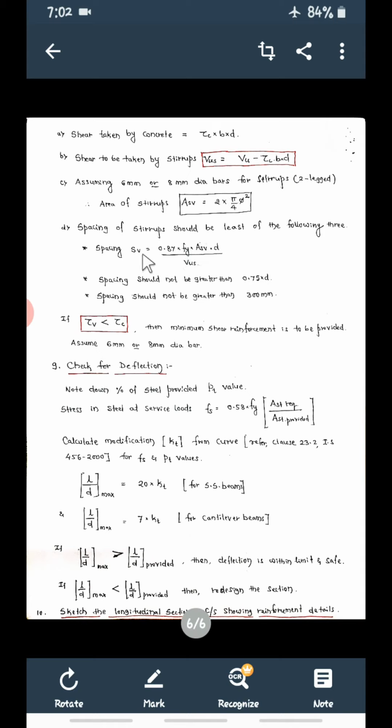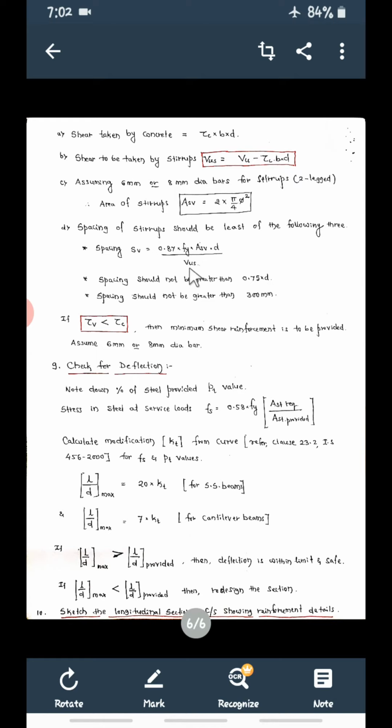So one spacing we are going to get. Second, spacing should not be greater than 0.75 into d, 0.75 into effective depth. This is the second spacing. Then third spacing: at any condition, spacing should not be greater than 300 mm. So from this one spacing you will get, next is 0.75 d, next is 300.